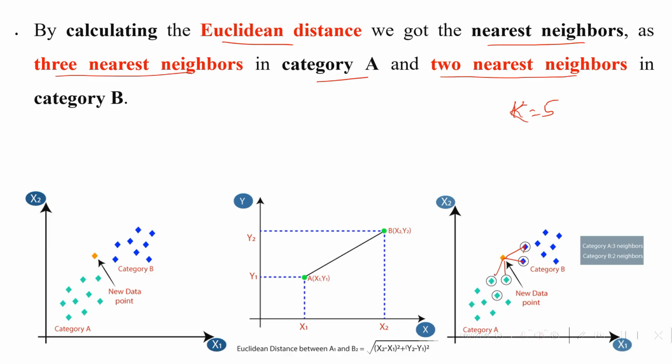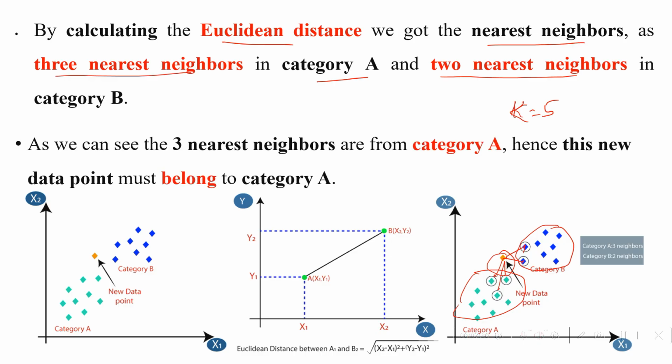From this we find that 3 elements belong to category A and 2 elements belong to category B. So we assign the class label by majority, which is category A. That's why the class label assigned for the new data point is category A. We can see that 3 nearest neighbors are from category A, hence the new data point must belong to category A.